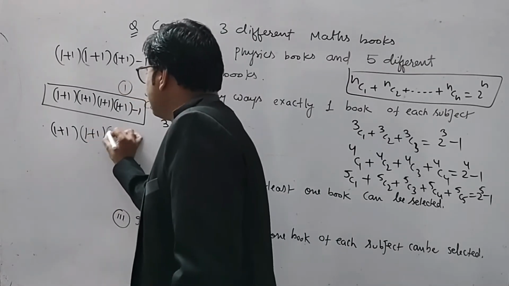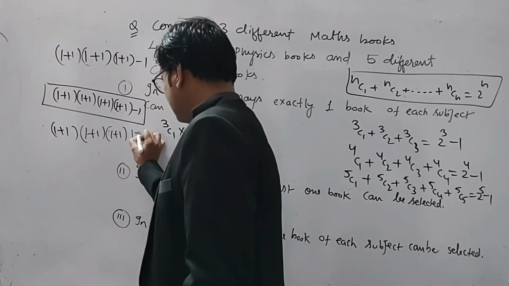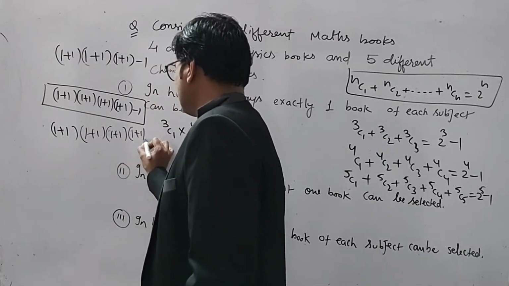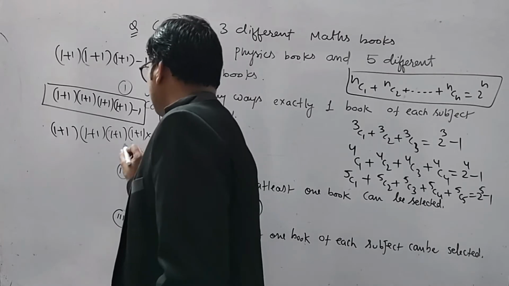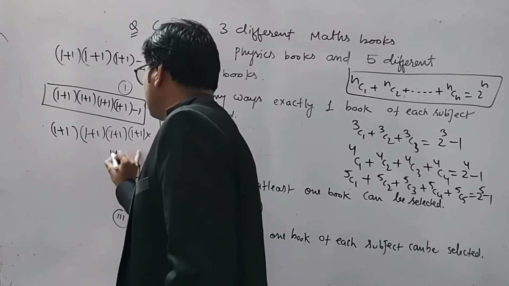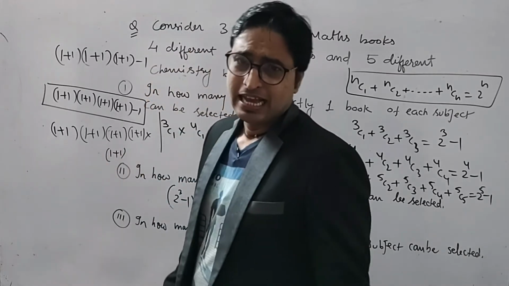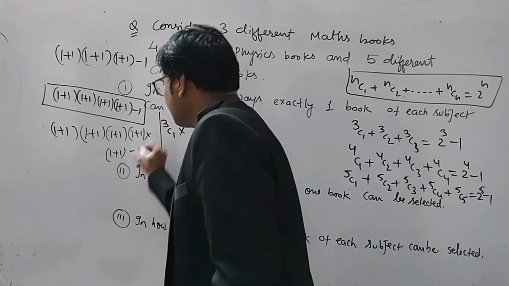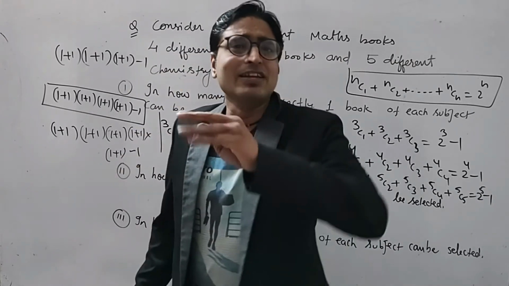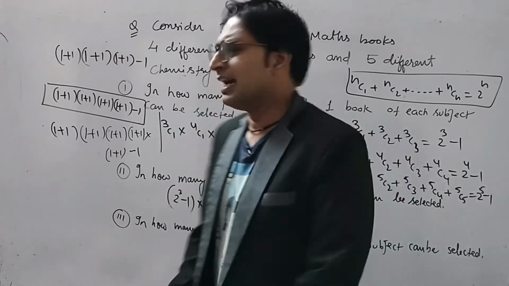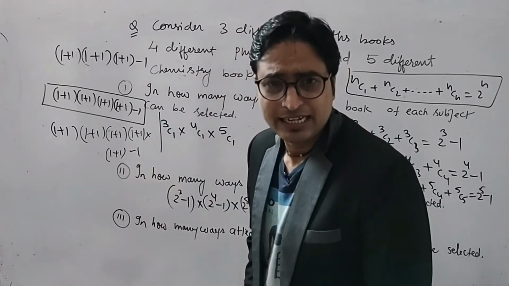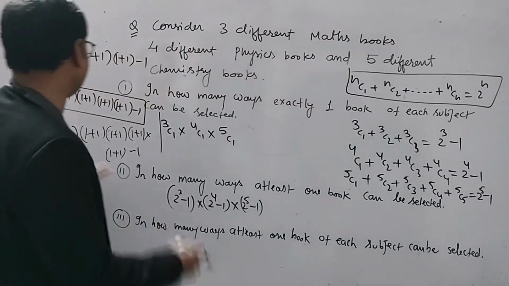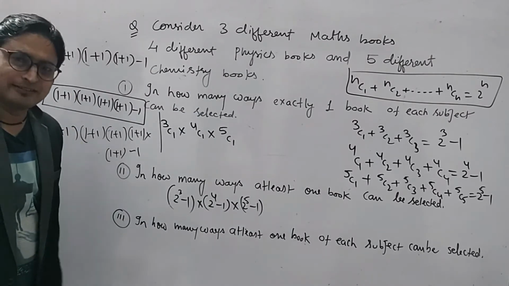For the third book, again select, reject. Fourth, again select, reject. And for the last fifth book, again select, reject. And we will subtract 1 because through one way we can reject all the books, and we have to reduce that way, so that we can get the required number of ways.